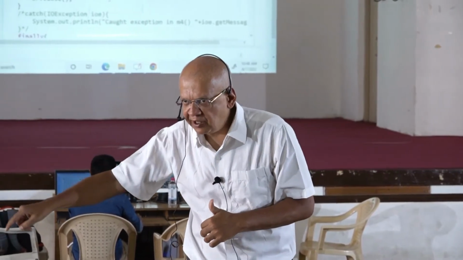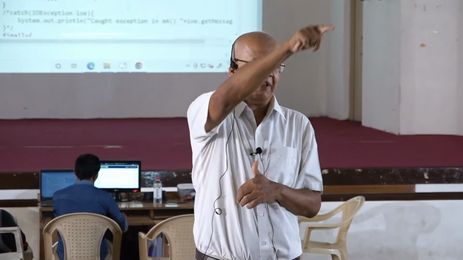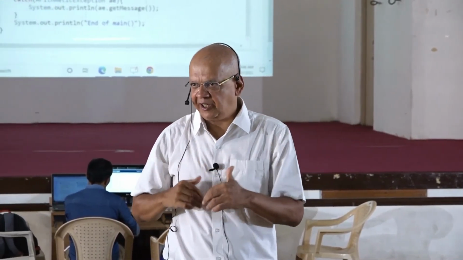Is it being handled in M4? No. Why? What do we want to do? We want the exception to propagate all the way up to main, and we want to tackle it in main. We want to catch it in main. So we should allow it to propagate.